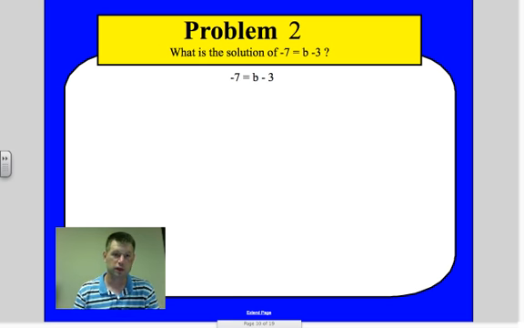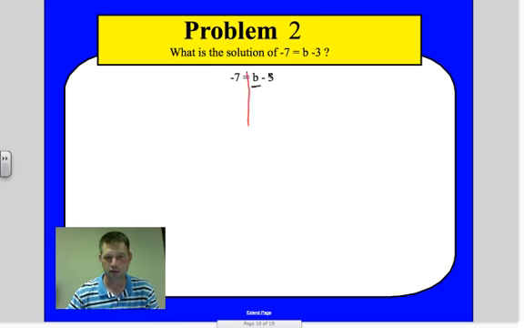Okay, so let's look at: what is the solution of negative 7 equals b minus 3? We're going to do the same thing, and the question is, what must we do first? Well, the first thing we need to do is get the b by itself, get the variable by itself. So once again, get this letter by itself. Well, how do we do that? Okay, well, we're going to add 3 to both sides.